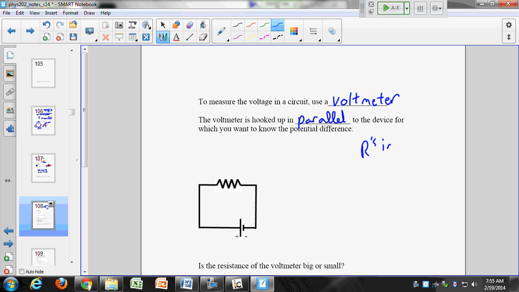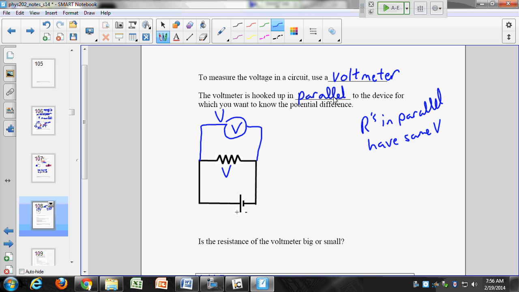Resistors in parallel have the same voltage. And so if I have a certain voltage across this resistor that I want to measure, I can just put my voltmeter, which also has a resistance, and it will measure that same voltage. Those two devices, my voltmeter and this resistor across which I want to know the potential difference, will be the same because they're in parallel. And resistors in parallel have the same voltage.